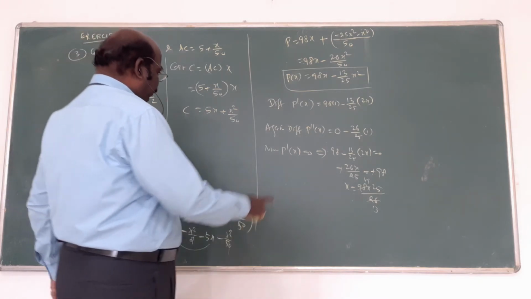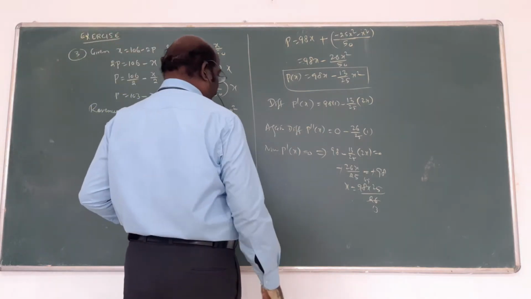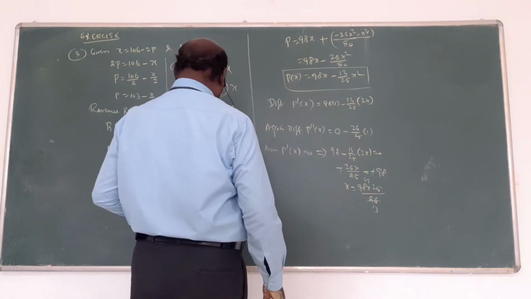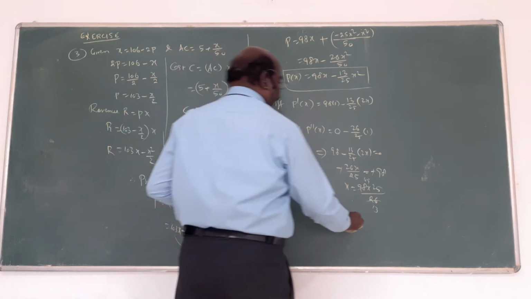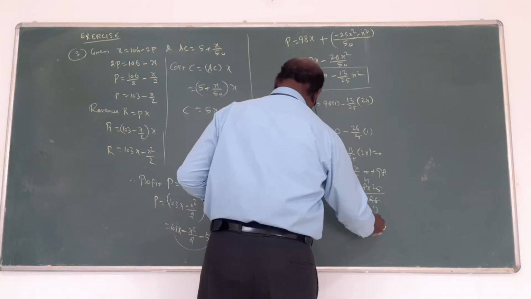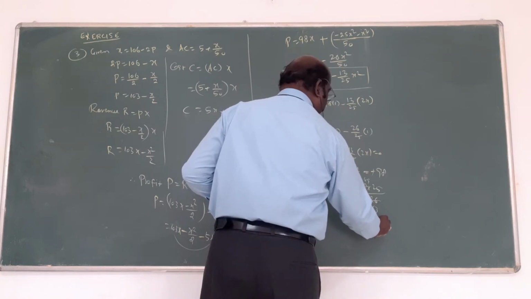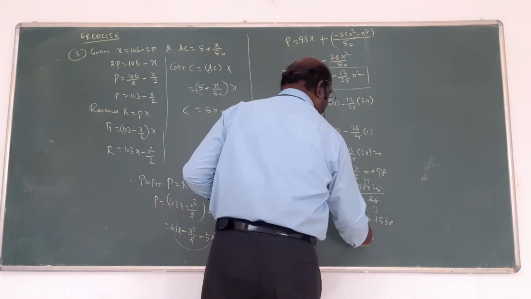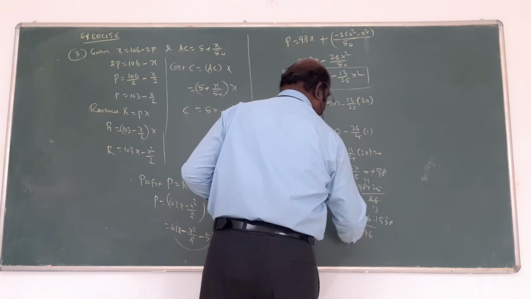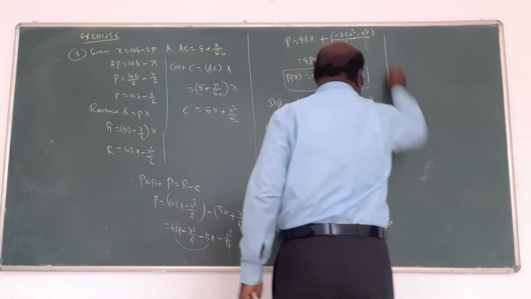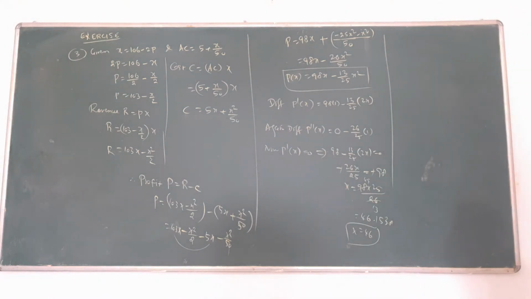We use the calculator, multiply by 25, divide by 26, we get the answer 46.1538. Nearest number approximately is 46. That's all. Am I right? But the 46 is the approximate nearest value.